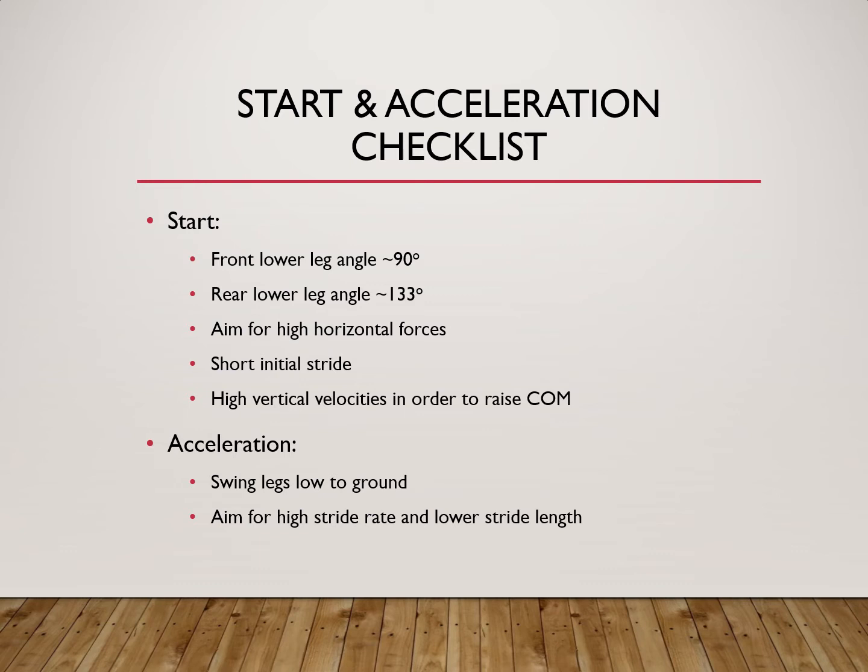You'll see that shift as we get into higher velocities, but in the initial instances of acceleration, stride rate is a bigger determinant than having longer stride lengths. It's not going to be as economical to try and get a long stride length in those positions. So stride rate is what the focus should be during the acceleration phase.